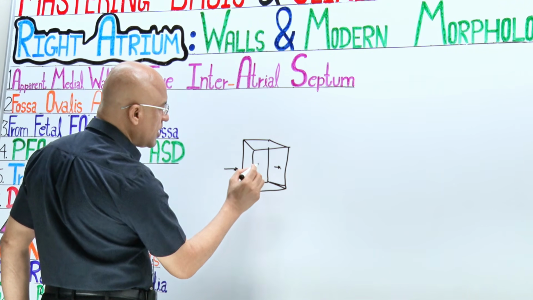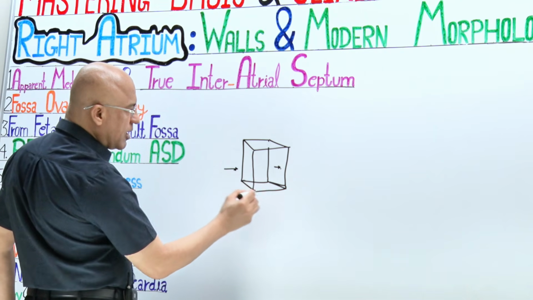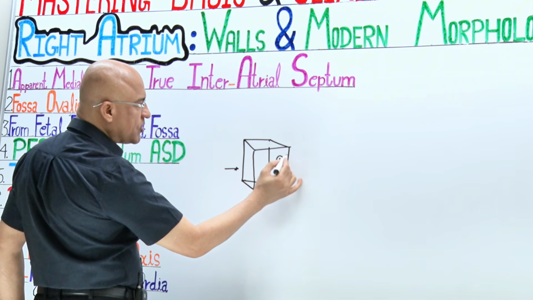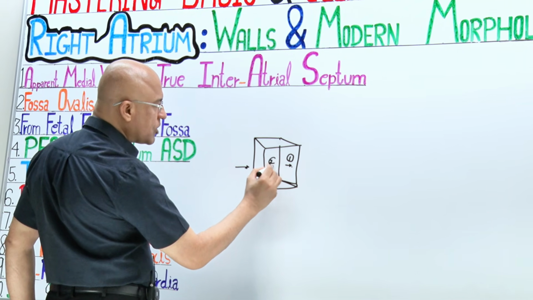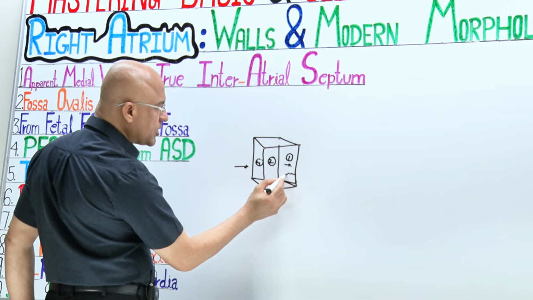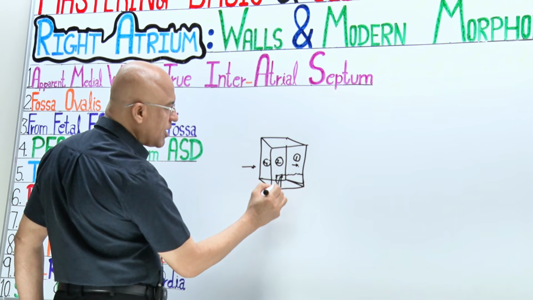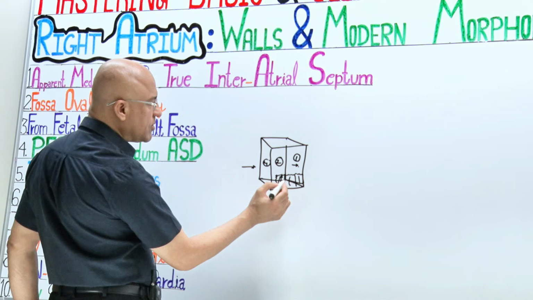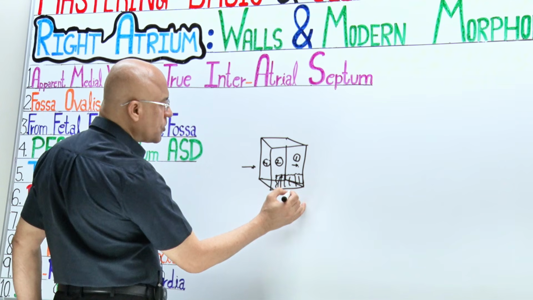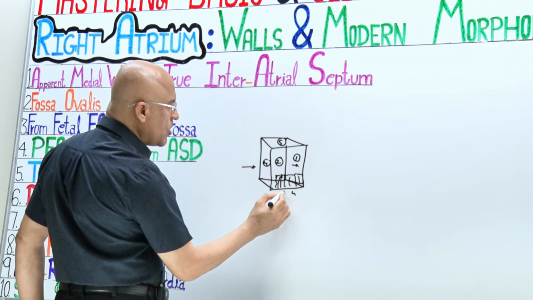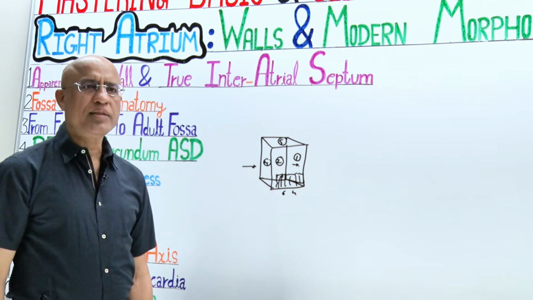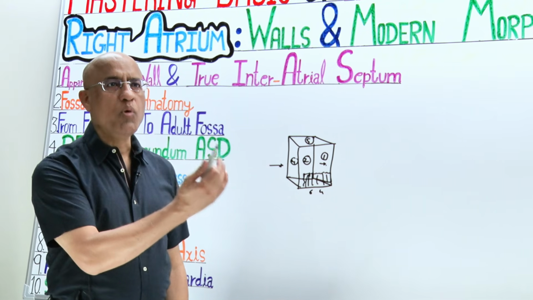For example, this is the medial wall, then there is the posterior wall, then the lateral wall, and then this wall going in this direction, which I have cut down, that is basically the anterior wall. And then roof and floor. This was the traditional way to explain the right atrium wall by wall.